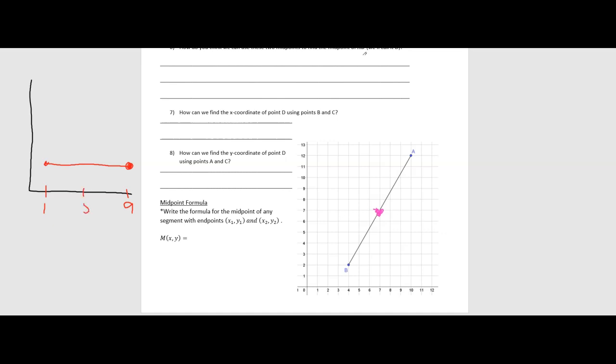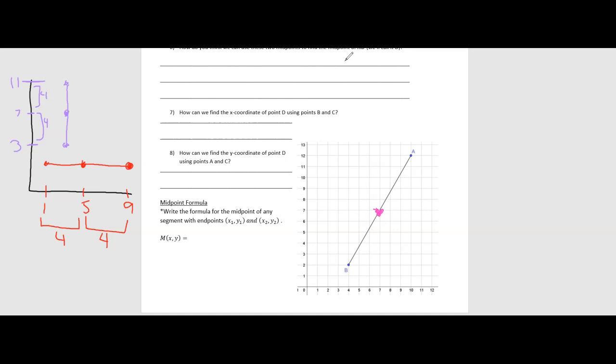Turns out that number's 5 because there's 4 units from 1 to 5 and exactly 4 units from 5 to 9. I was only working in one dimension, so it'd be easy to find the middle, or the midpoint. Same thing with vertical segments. Let's say I'm at 3 and we'll do 11. Well, the middle of 3 and 11 ends up being 7. Again, there's 4 units between 3 and 7 and 4 units between 7 and 11. So we could easily find the middle there.